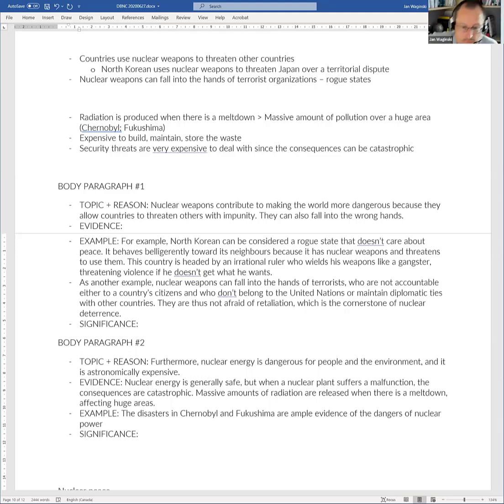But just try and remember these. Anything to do with nuclear, there are a few names, a few things you have to remember: Chernobyl, Fukushima, MAD, M-A-D. These are all the main concepts. There aren't that many.